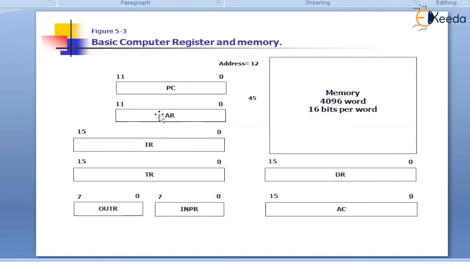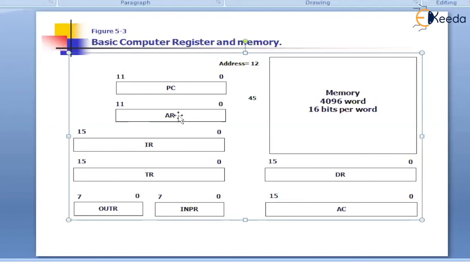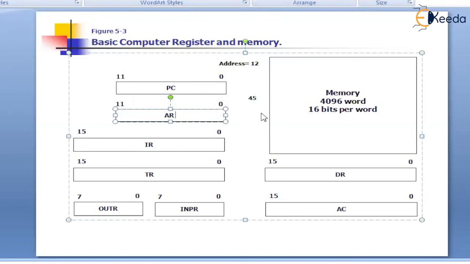Whenever the address register is loaded with an address, let us say I'm loading 45 into the address register. The CPU transfers an address 45 because 45 must be located in the main memory. The moment the address register is loaded with an address, immediately it will be located within the main memory.